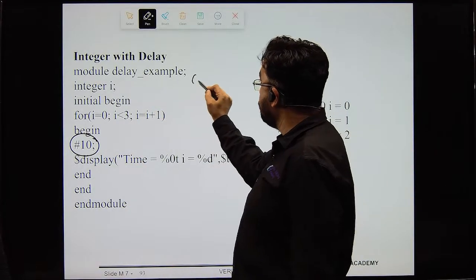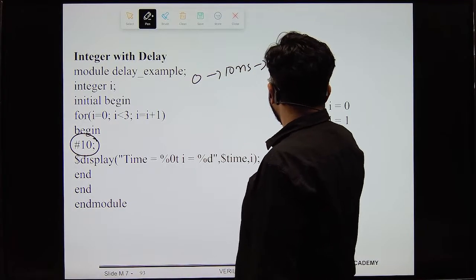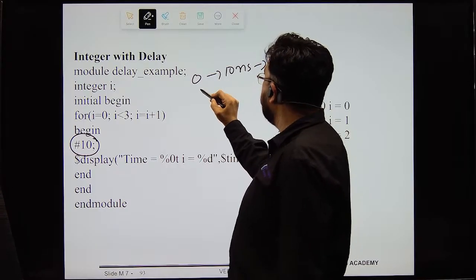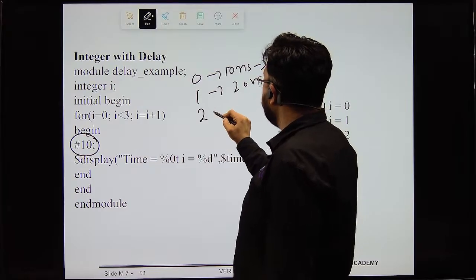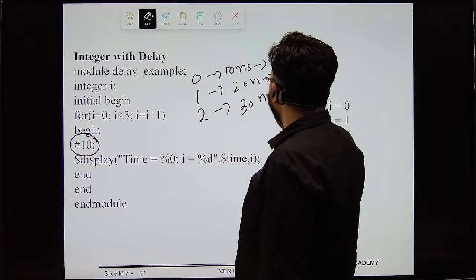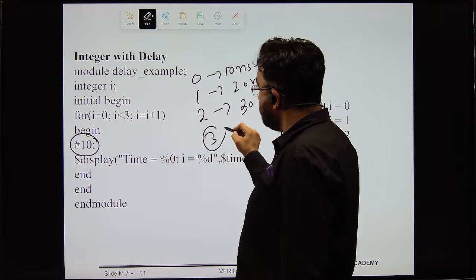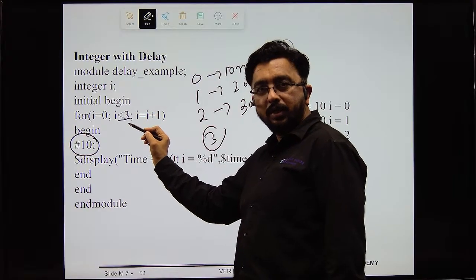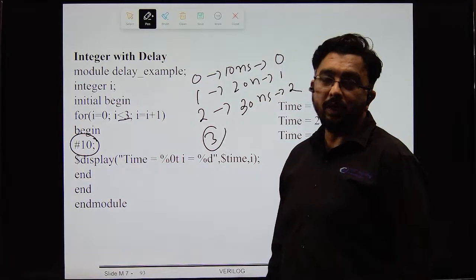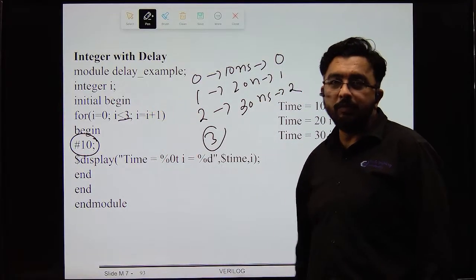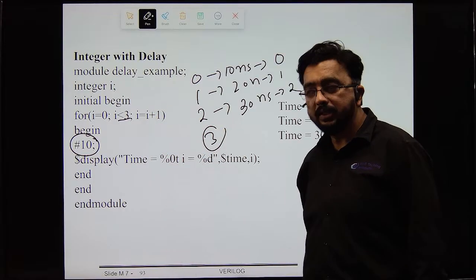At 10 nanoseconds the count is 0, at 20 nanoseconds the count is 1, and at 30 nanoseconds the count is 2. If we went for 3, which I have not mentioned, since it is I less than 3, the tool will work up to the value 2, because you have set the condition.